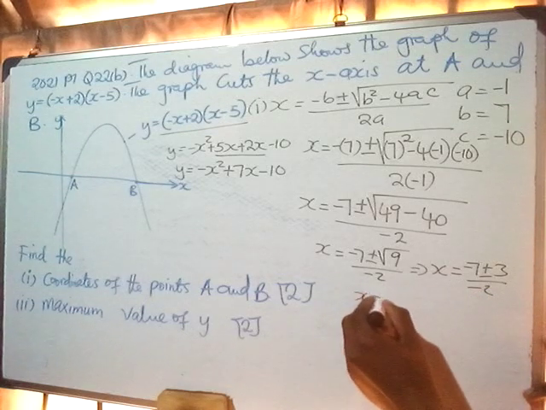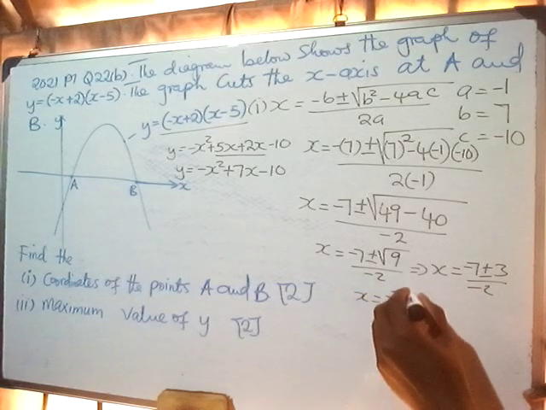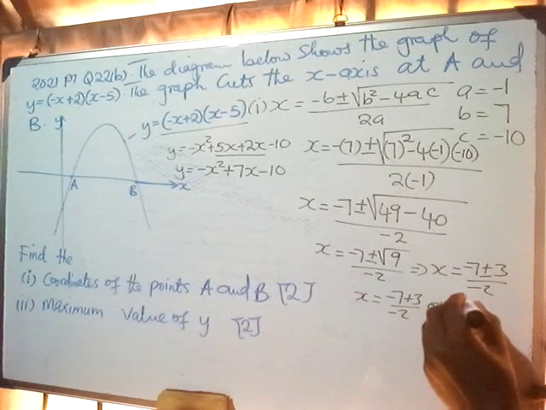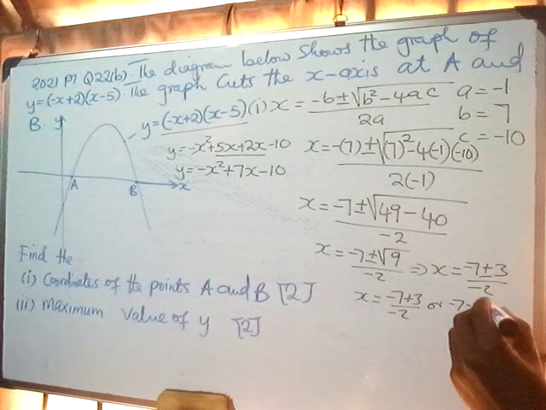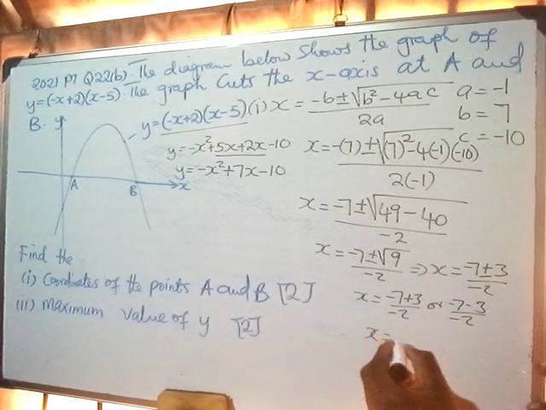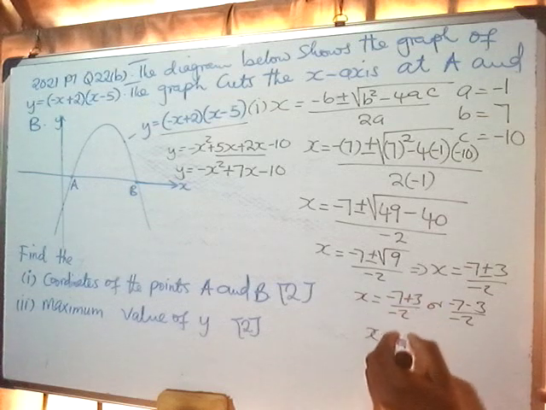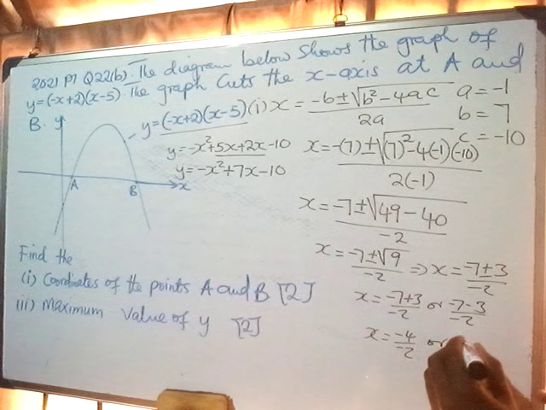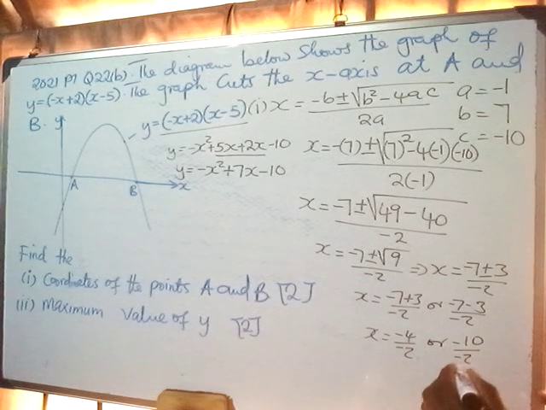So our x will be negative 7 plus 3 over negative 2, or negative 7 minus 3 over negative 2. Our answer will be negative 4 over negative 2, or negative 10 over negative 2.